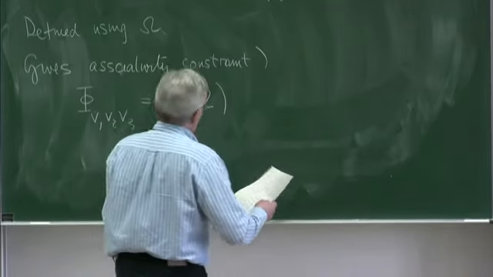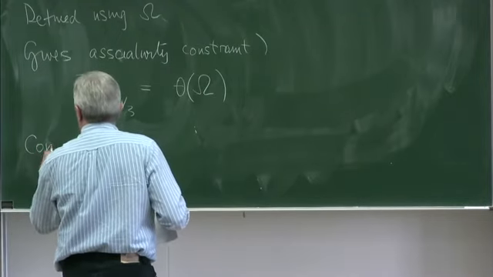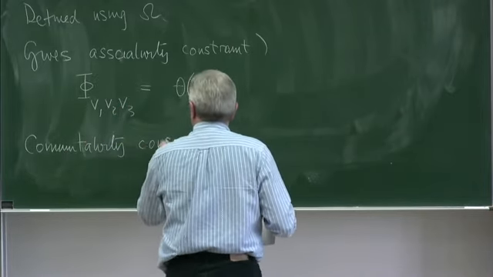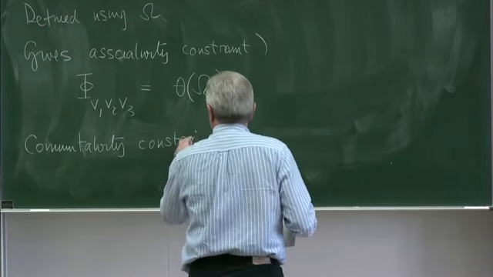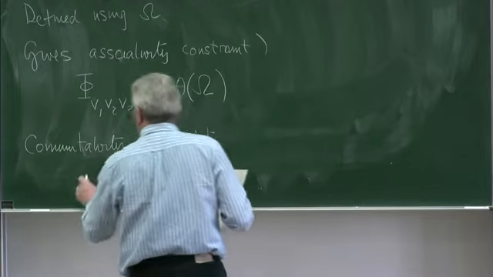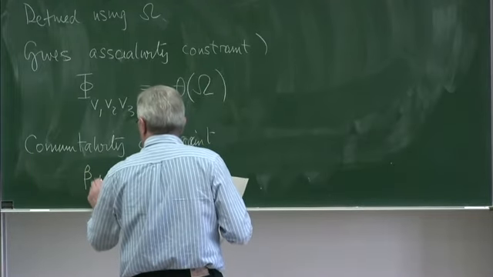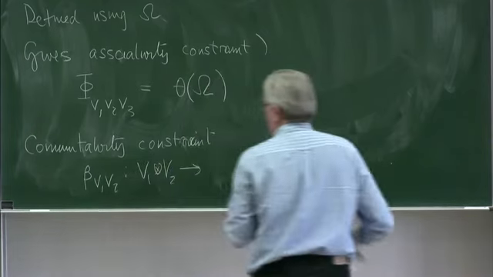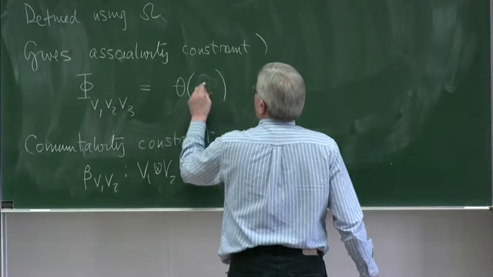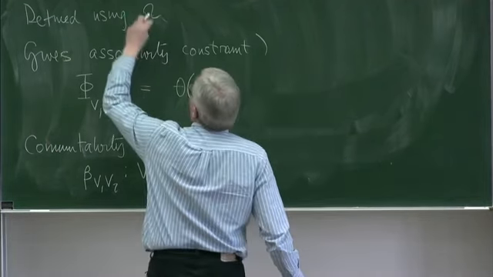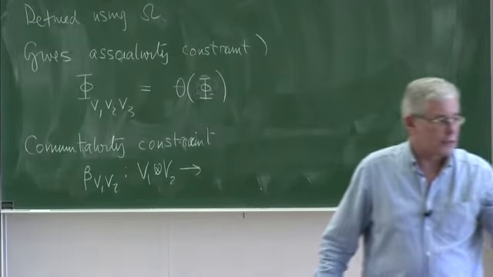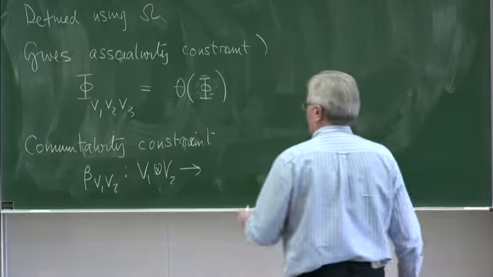And we have the commutativity constraint beta V1, V2 from V1 tensor V2. I'm sorry, is it defined using omega or the associator? Omega defines theta, and the associativity constraint is theta applied to the universal thing.